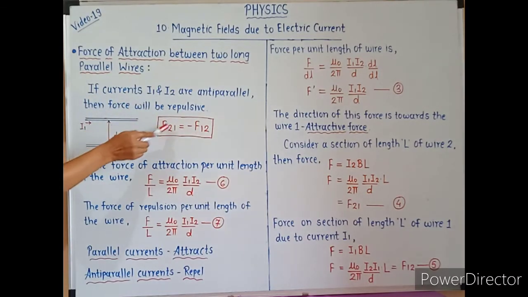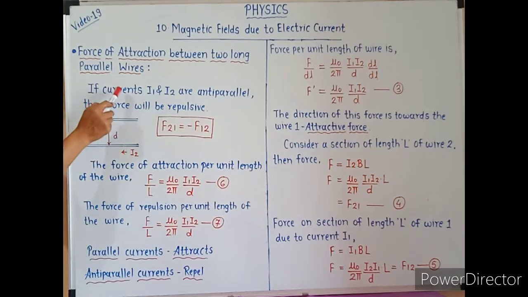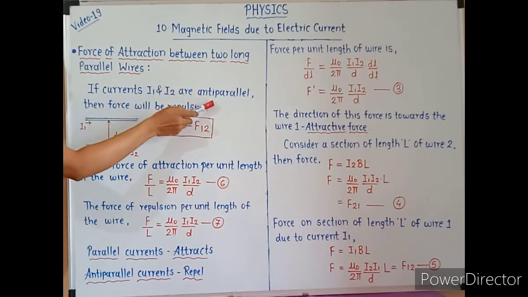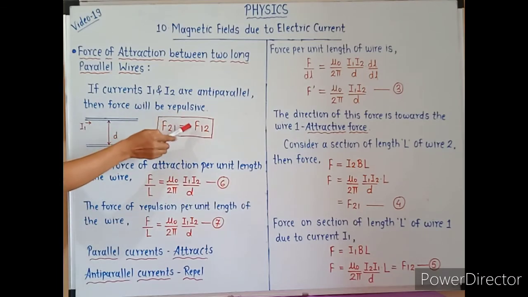So these two forces are equal in magnitude but opposite in direction, because currents I1 and I2 are anti-parallel to each other.